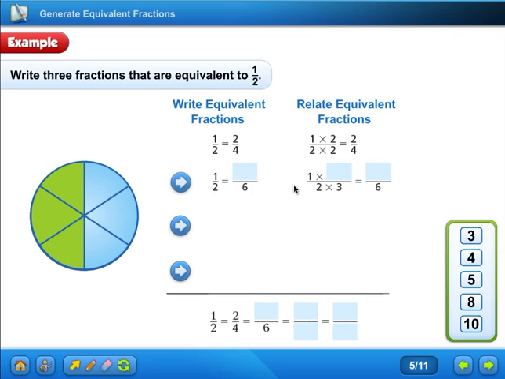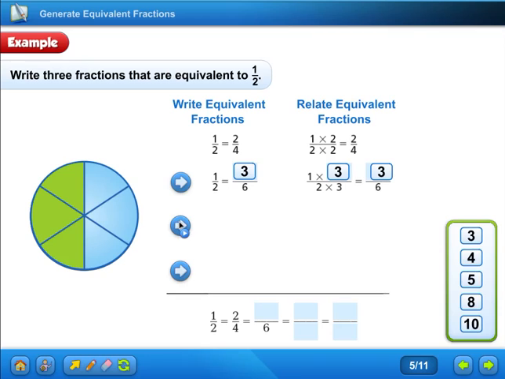Well, they multiplied this by 3. So it would be 3, because they're multiplying 1 times 3 equals 3. 2 times 3 equals 6. Whatever you do to the top, you have to do to the bottom. So make sure you are multiplying it by the same exact number.